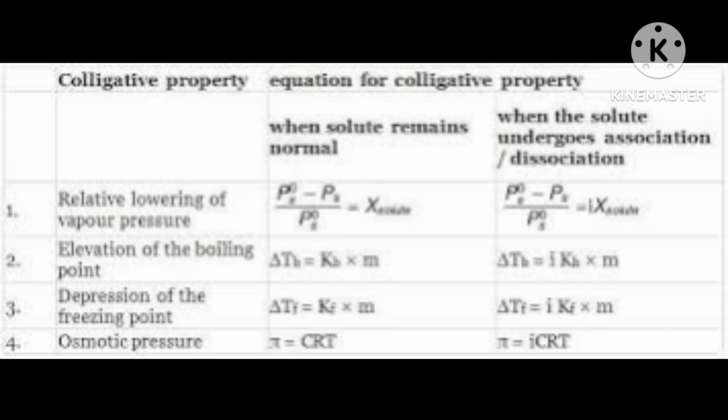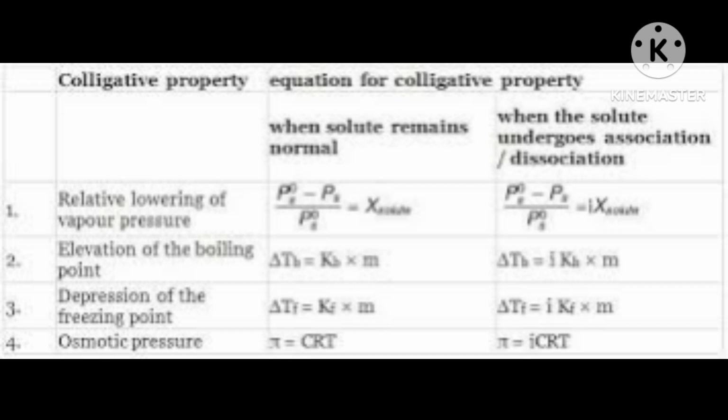In the same way, elevation of boiling point, delta Tb, is equal to Kb into small m, molality. Now you just multiply by i, so delta Tb equals i into Kb into m. Likewise, depression of freezing point delta Tf equals i into Kf into m, molality.